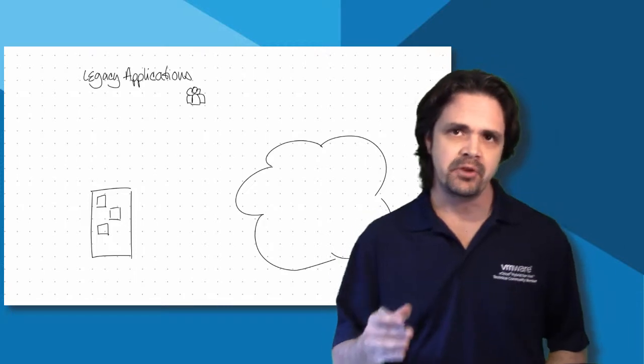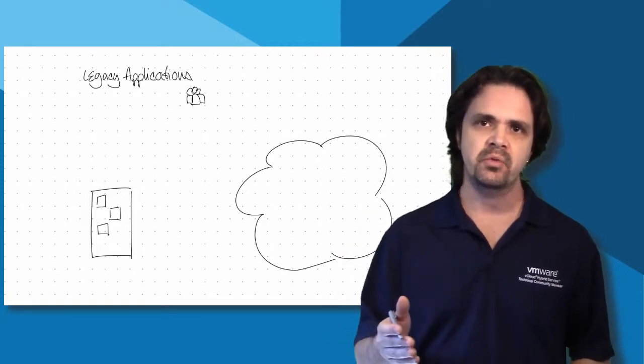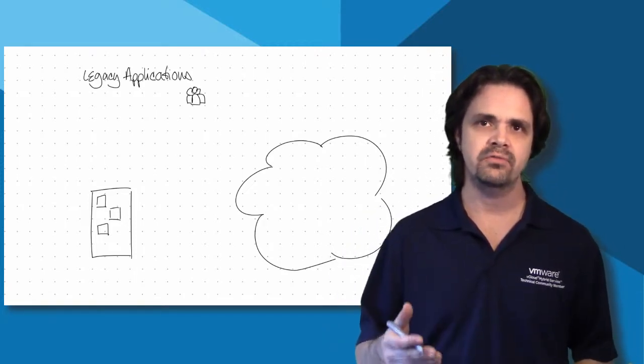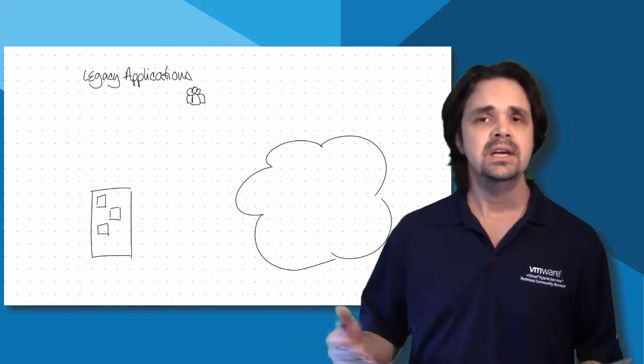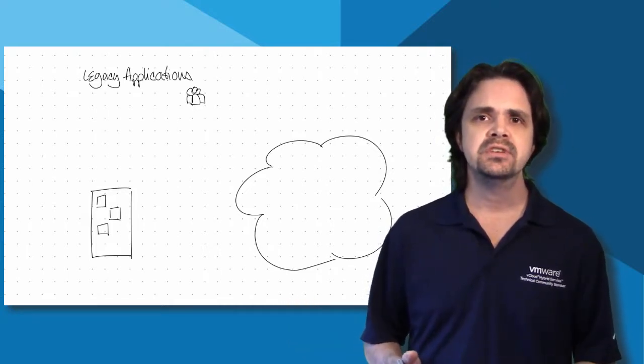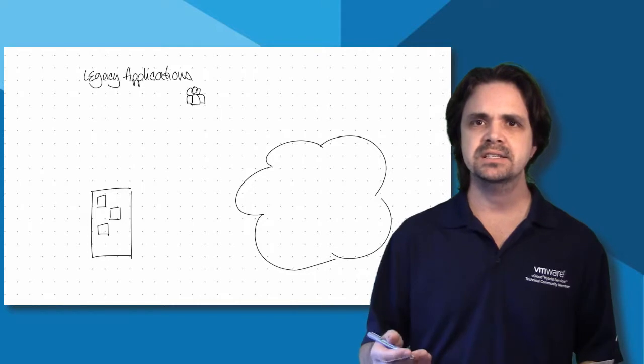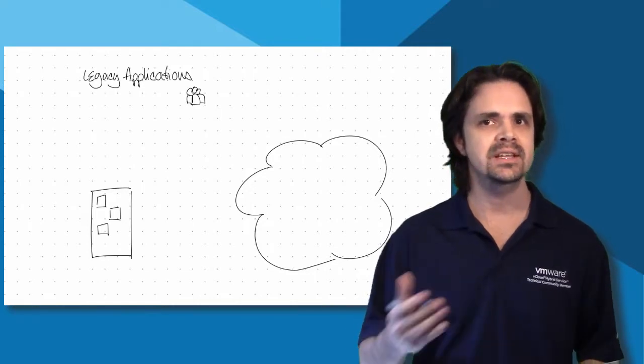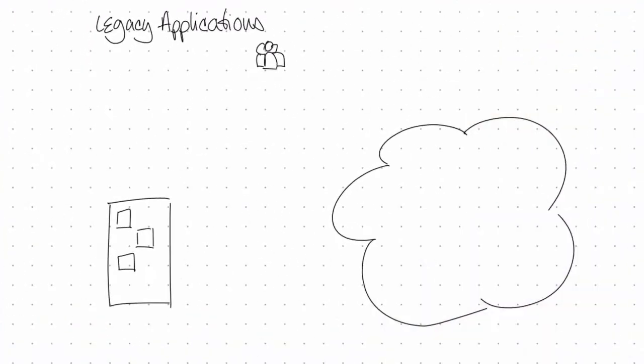Now, this poses a very interesting conundrum when we talk about preparing for cloud. You see, most customers are going to have legacy applications set in stone inside of their existing data center. And then they're going to have all of their new applications being built out with their cloud provider.